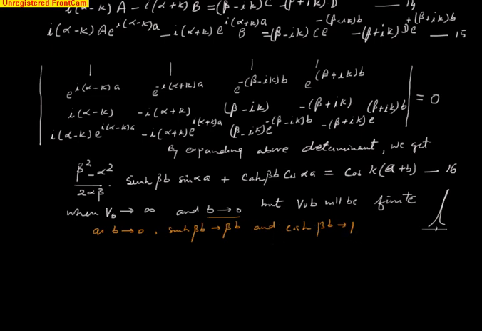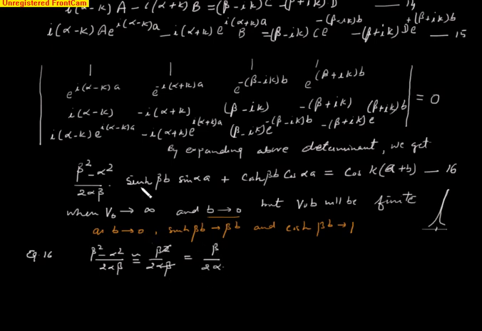If we use these results in our equation number 16, then equation 16 becomes, because we have to put the values here, (beta square minus alpha square) over 2 alpha beta, which becomes approximately beta square over 2 alpha beta, and simply one beta cancels here, so we get beta over 2 alpha.